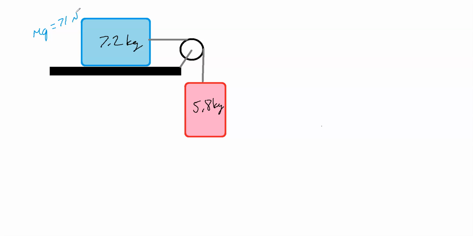I got 71 newtons is the mg for that one over there, and then I'll find it for the little red box down here, 57 newtons there. And again, sometimes just find the mg's. Even if you don't know what to do, it's just one little piece that you can find that you don't have to do later on, or you can link together with other stuff. Okay, so I've got the 71 newtons, I've got the 57 newtons, I got my two weights.